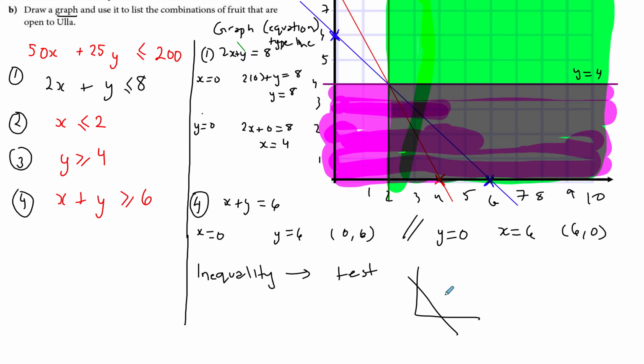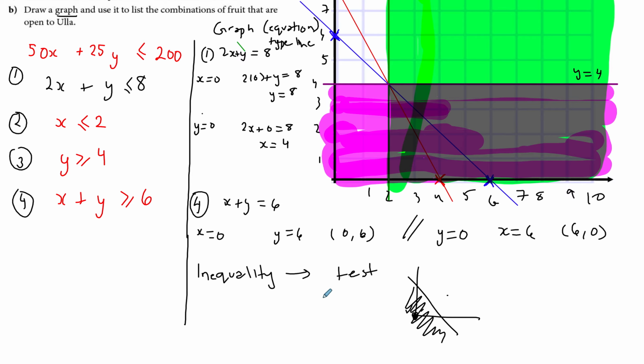So I just need to test one point from here and one point from here to see which one belongs in my inequality. You can pick any point, just not a point on the line. The easiest point to pick is 0, 0. So all you have to do is test 0, 0 in your inequality. If 0, 0 gives a correct inequality, then this is the region you want. If 0, 0 does not give a correct inequality, then this is the region you don't want.